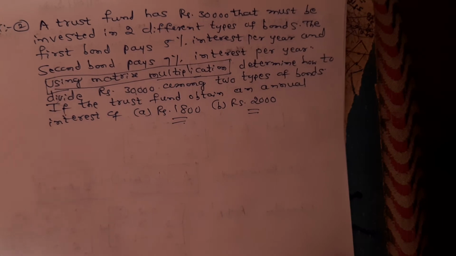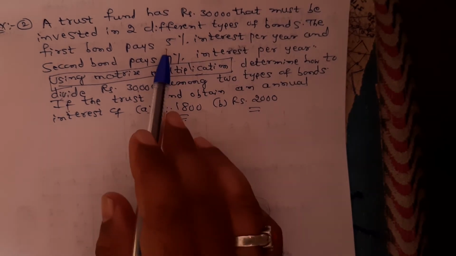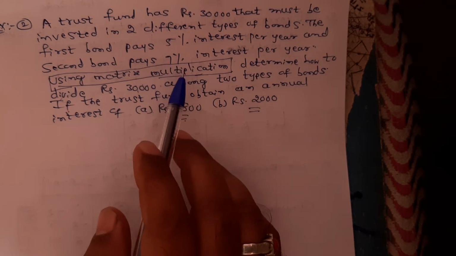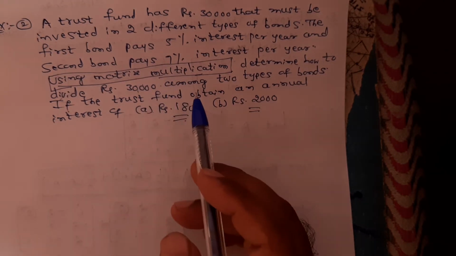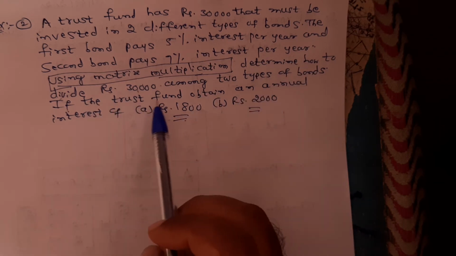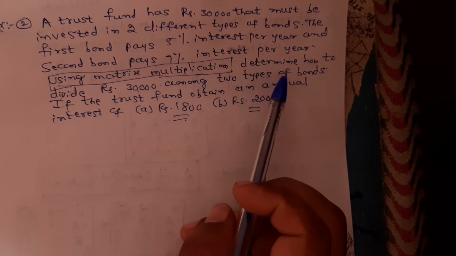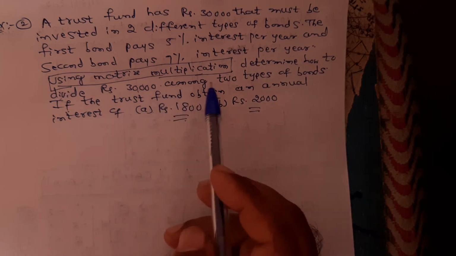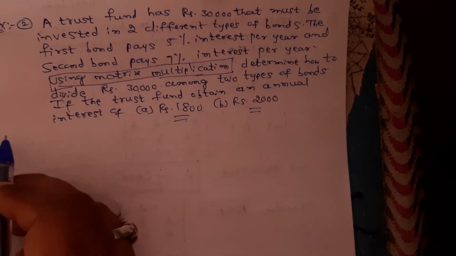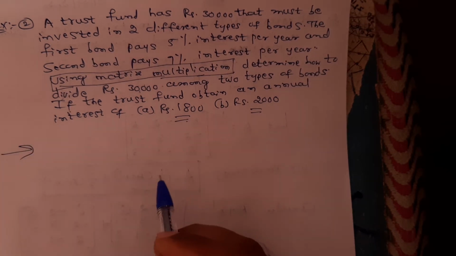The first one is 5% interest and the second bond pays interest of 7%. Then we have to determine how to divide 30,000 rupees among the two types of bonds. So we have to use matrix multiplication.